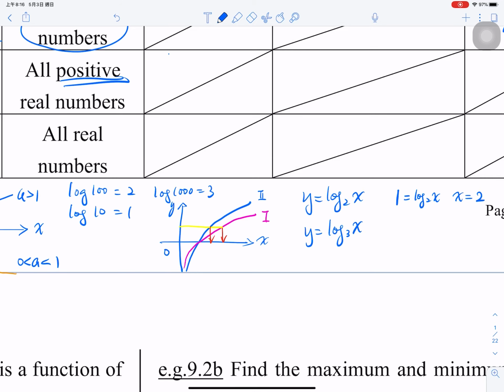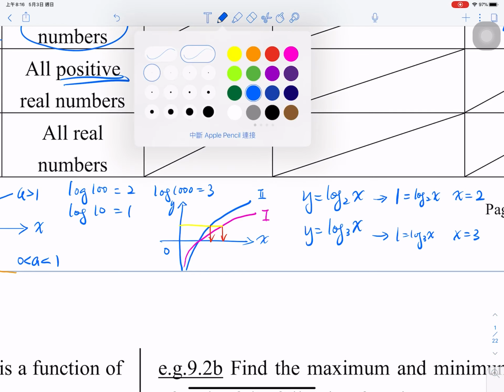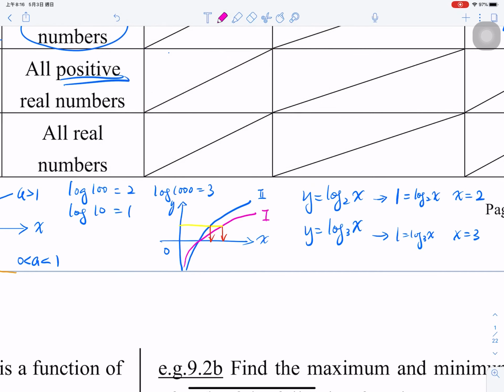Yeah, x equals 2, correct. How about this one? Yeah, x equals 3, correct. So you found that this one is graph 1, and this one is graph 2.